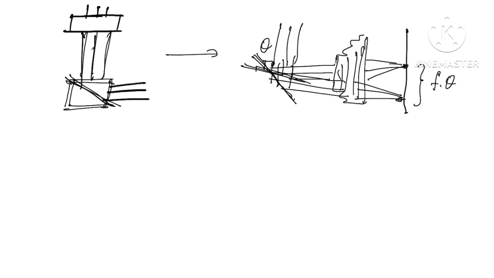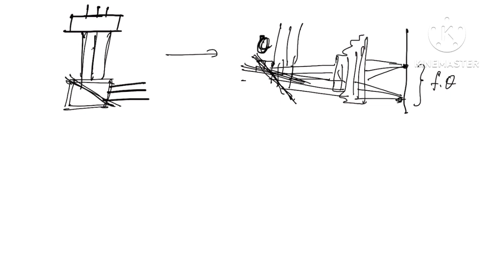F is the focus and theta is how much angle the scanner has moved. Now the scanner needs to move to different positions, different angles, to focus the laser beam over the whole powder bed. So this is the angle, how much it has moved, theta.